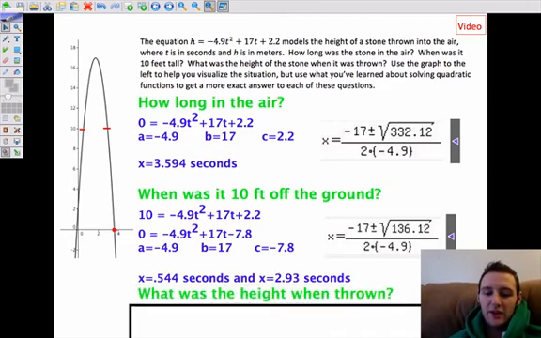The last question, what was the height when the stone was thrown? So what was the original height of the stone? Here at t equals 0, that represents where it's thrown. So just slightly above 2 meters.